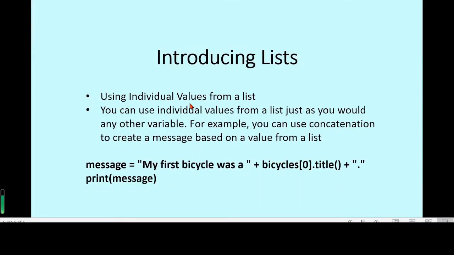Using individual values from a list, you can use individual values from a list just as you would any other variable. For example, you can use concatenation to create a message based on a value from a list. So for example, we can get out the first bicycle and using its title form, then this item concatenated with this string and this string.